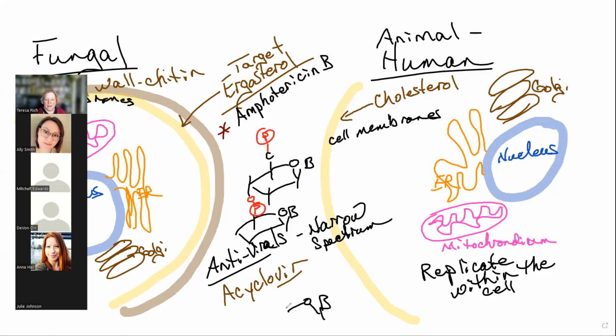It's got a base, it's got a phosphate group. And so when it hooks on, say it's going to be hooking on to this one here, it'll hook on just fine, but I can't bring another nucleotide in.